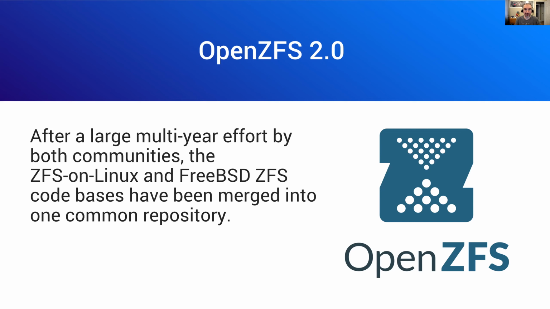So for a long time, there was the OpenZFS repo on GitHub, which was a fork of Illumos, which is the open source continuation of OpenSolaris. And people could contribute or propose changes to that, and some of the ZFS maintainers would take care of the effort of getting that integrated into Illumos, but it was quite slow.